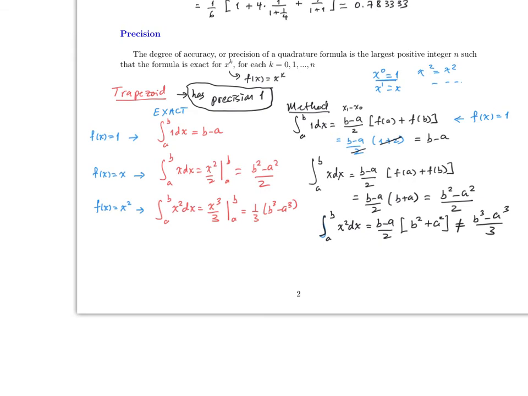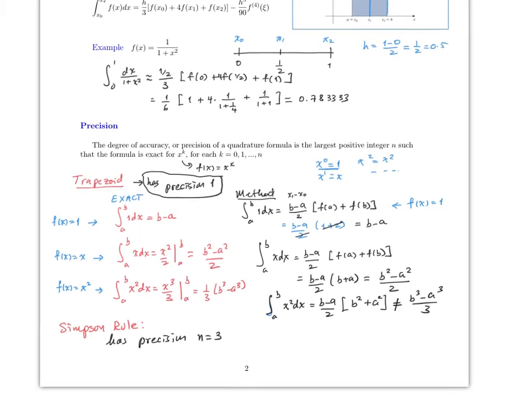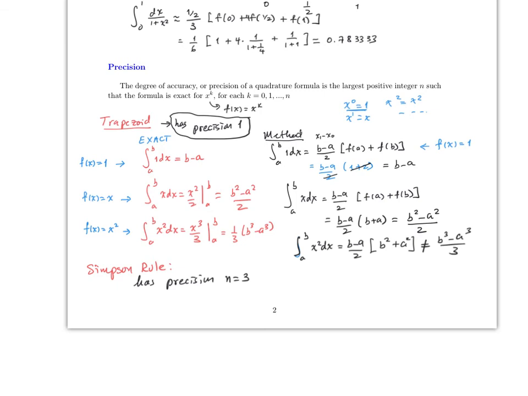And you should check that Simpson's rule, which is the one we just did too, has precision 3, or n equals 3. You should give it a try and check this works.